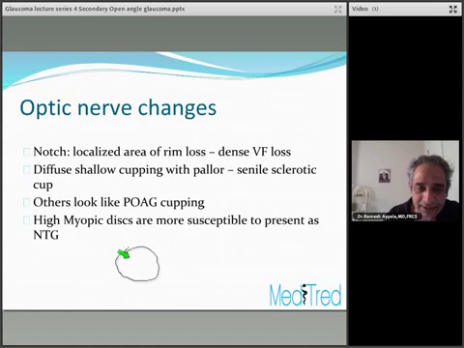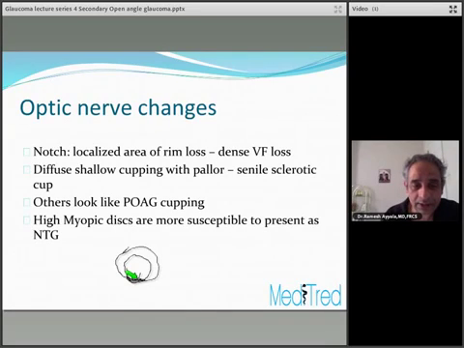If you notice, this portion of the rim is lost in this drawing, right? If you look carefully with your 90 diopter lens at these optic nerves, you cannot miss this. It's usually either the inferior or the superior rim where they have a localized loss of axons, and it looks like a notch, as the physical description suggests.